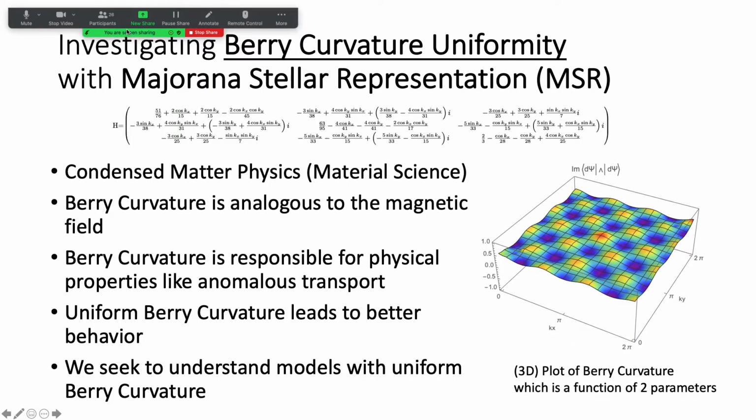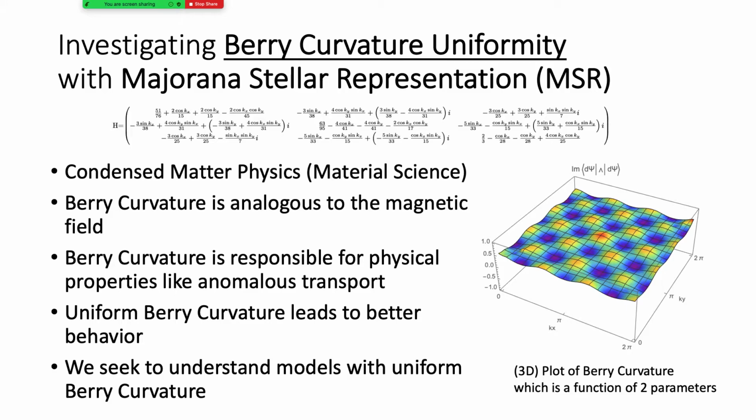So the Berry curvature is basically an important quantity that you associate with each model. So the Berry curvature in my research question is basically a 2D graph as seen over here on the right.